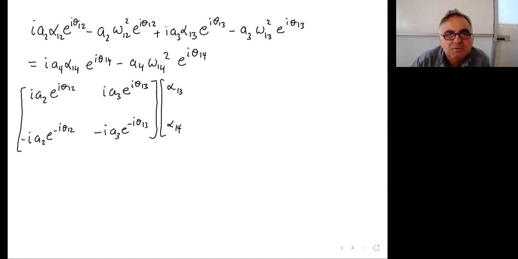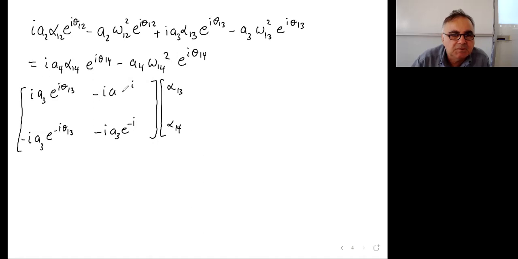I have to erase a few things, because I skipped some steps. IA2 should be equal to IA3, now this will be theta 1,4 will go to this side.